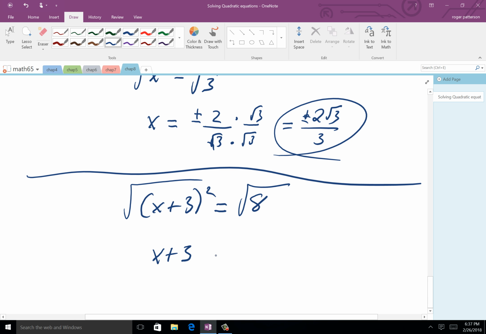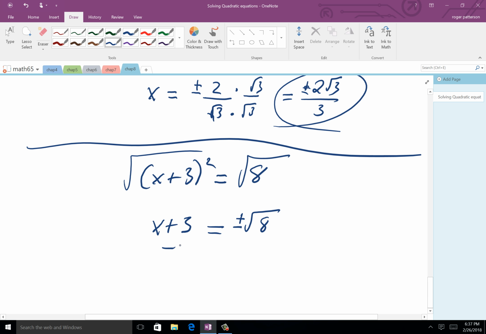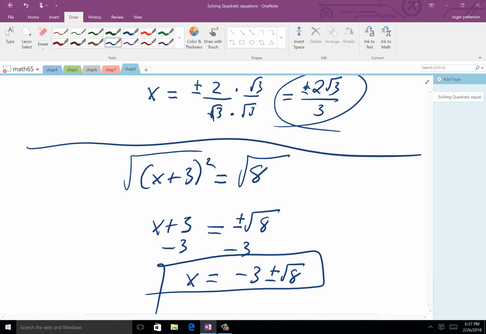And what happens is that the square root, okay, undoes this square, so they kind of cancel each other out, and we're left with this. I'm going to put my plus or minus out in front there. Then I'm going to subtract 3 to get this x by itself, and I'm left with something that looks like this.